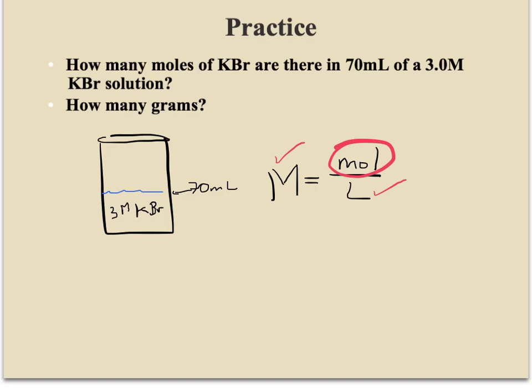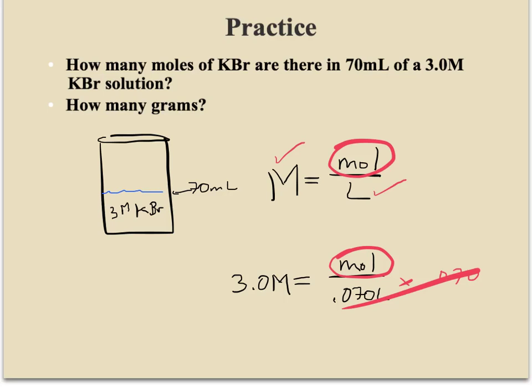.070 would be our volume in liters. So molarity is going to be equal to our moles divided by 0.070 liters. And our concentration is 3.0 molar. And we're going to solve for moles right here. So we're going to do that by multiplying both sides by 0.70. That's going to cancel them out on that side.